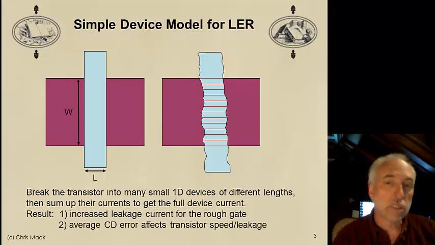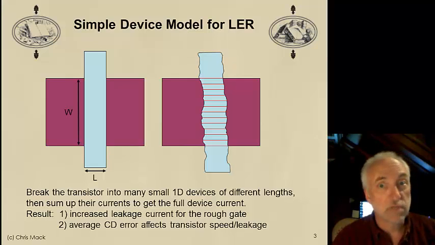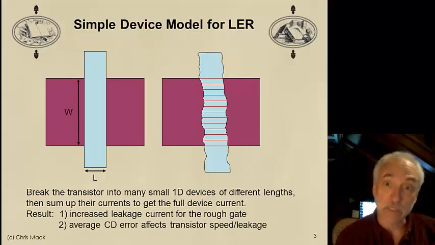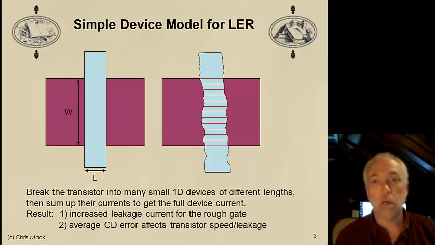So there are really two ways in which this line edge roughness affects the performance of this transistor. First, no matter what, when you have roughness, you end up with an increase in the leakage current. And that's because the narrow bits allow current to leak.